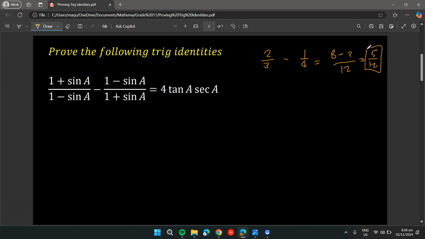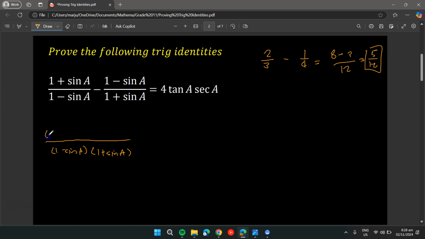So we're going to make use of the same approach here. I'm going to have 1 minus sine of a times 1 plus sine of a as my denominator. Now, this denominator divided by 1 minus sine a will be cancelled, so I am left with 1 plus sine a, and that is actually squared.